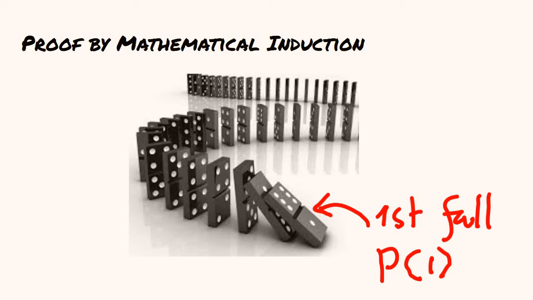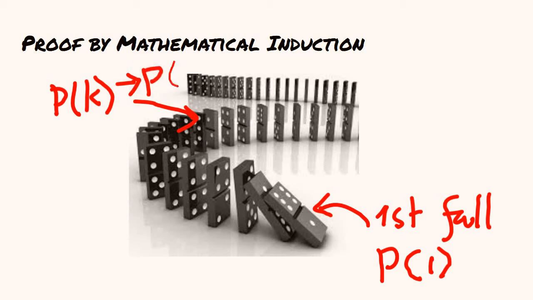Next, for the domino to continue falling, I could choose an arbitrary domino, say p sub k, and given that pk is there, it should follow that it has a next element for the continuous falling, so pk plus 1.